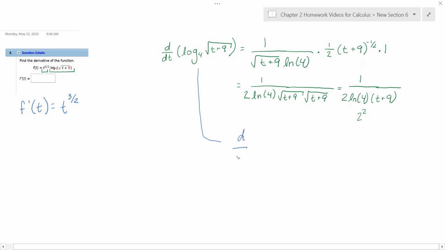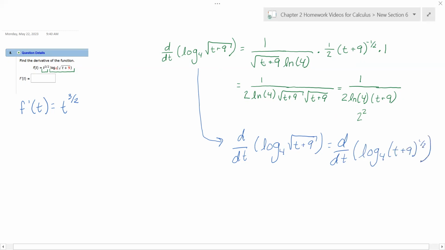In other words, if I'm looking at the derivative with respect to t of log base 4 of the square root of t plus 9, this is going to be equal to, now I haven't differentiated yet, so that differentiation notation is staying present.